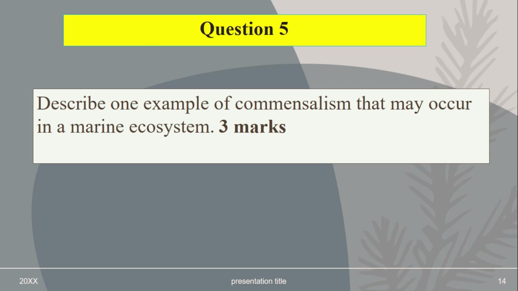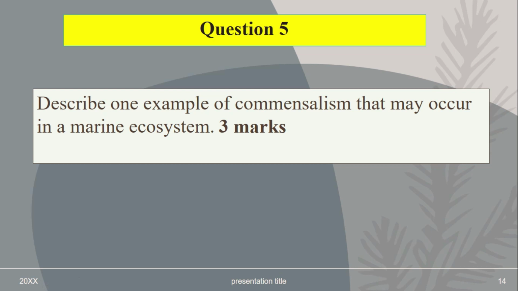We have three types: commensalism, parasitism, and mutualism. With commensalism, two organisms are in a relationship, but one will benefit and the other will not get any form of benefit. All right, so that's commensalism.